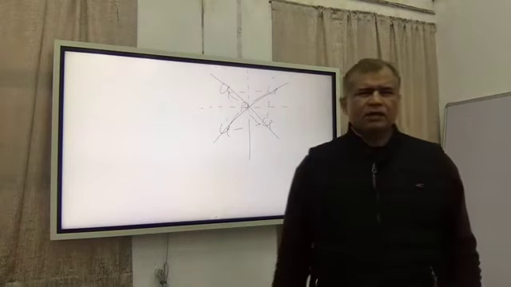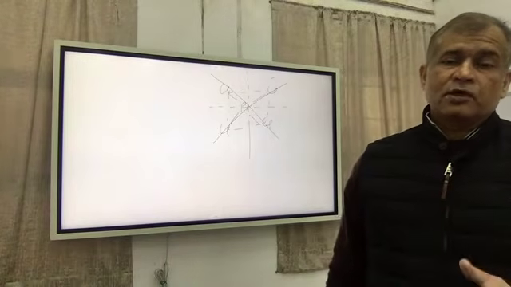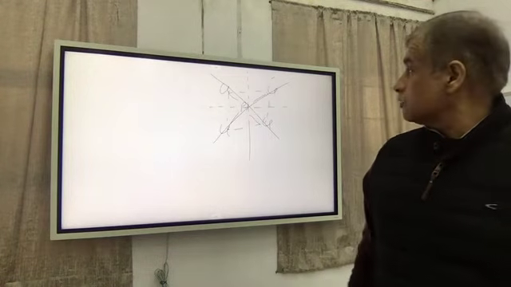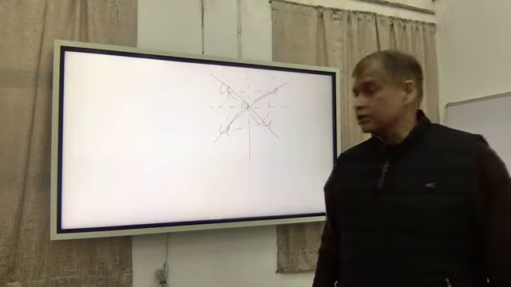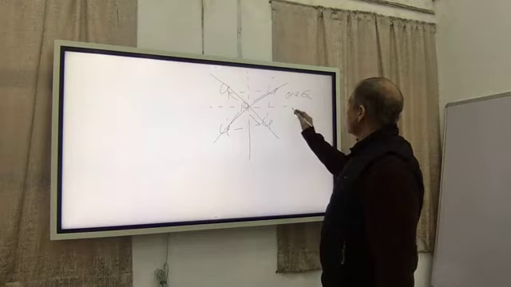In other words, they are lying on the 4 C2 axes which will exist in this molecule. So there is one sigma h and 4 sigma v.